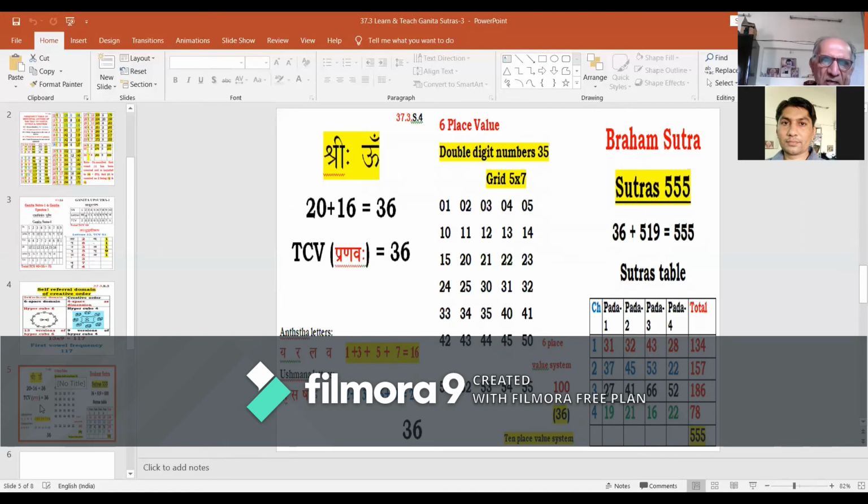Now see, Shri Om is the blissful reach of the Vedic systems. This pair of formulations, Shri and Om, leads to TC values 20 plus 16 equal to 36.